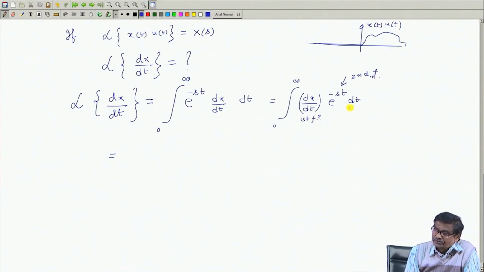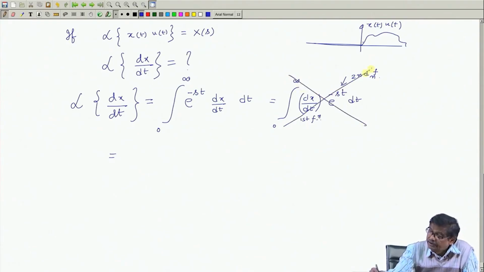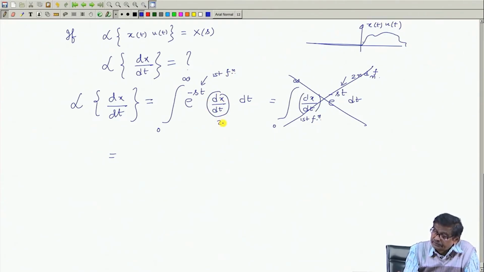So, this is the first function if you take. So, first function into integration of the second, then differentiation of the first function, then d2x/dt2 will come. So, what I will do is, I will treat this, you cancel out, I leave it here, and this I treat as first function, and this as second function.